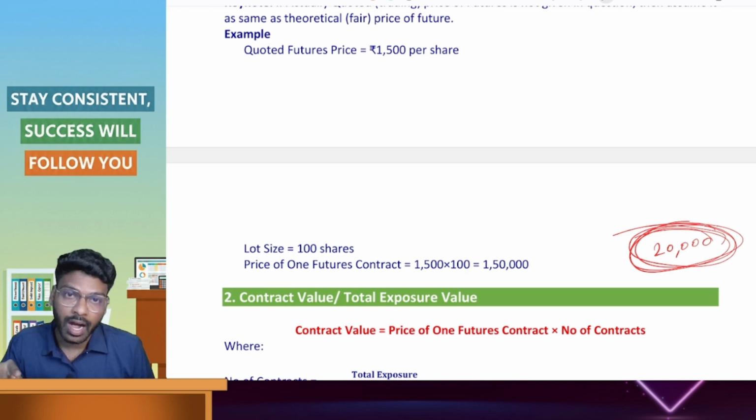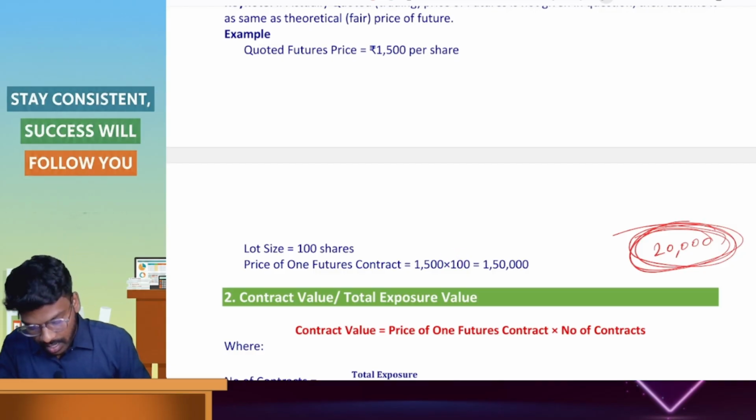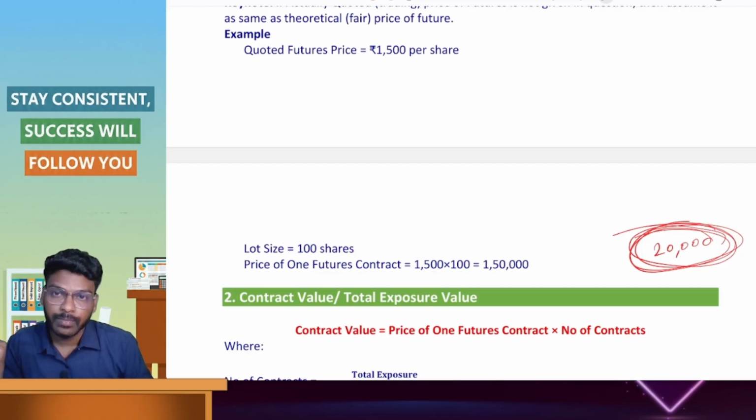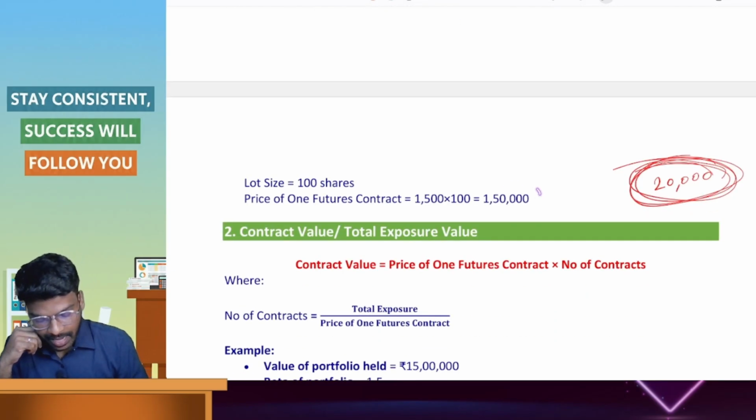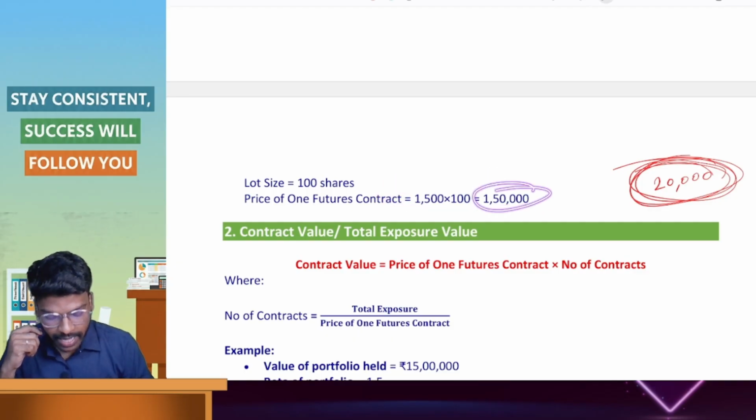You can enter into a contract of 1,50,000 in the future market. You cannot buy one share or 10 shares. You can buy only 100 shares in one contract when entering into a future contract. The minimum one contract price is 1,50,000.